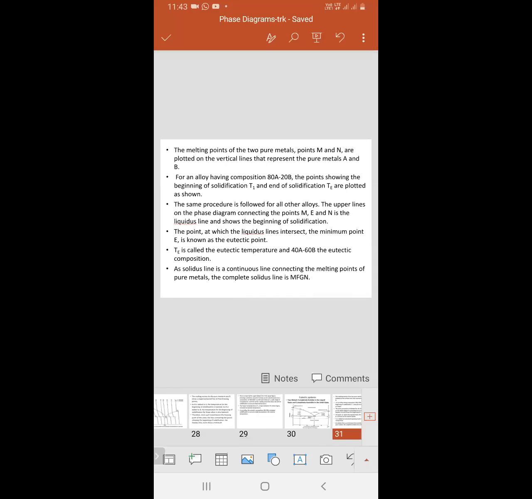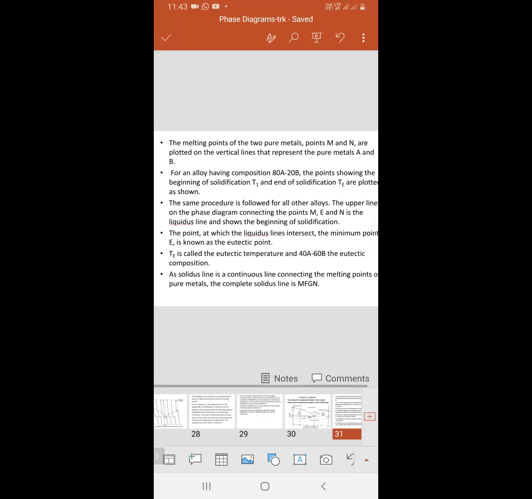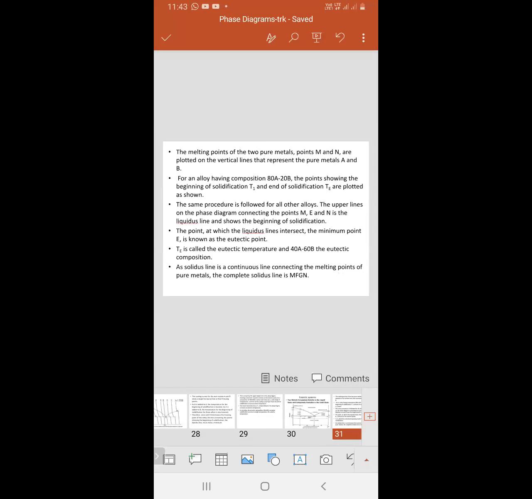When you see this diagram, you can easily understand that these are the melting points of two pure metals. Points M and N are plotted on vertical lines that represent the pure metals A and B. For an alloy having composition 80 A and 20 B, the point showing the beginning of solidification is T1.